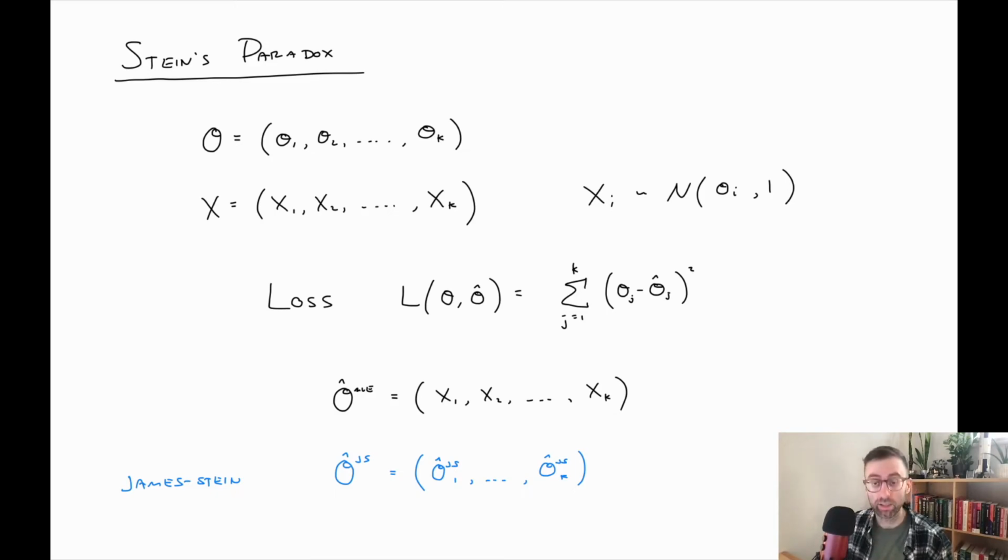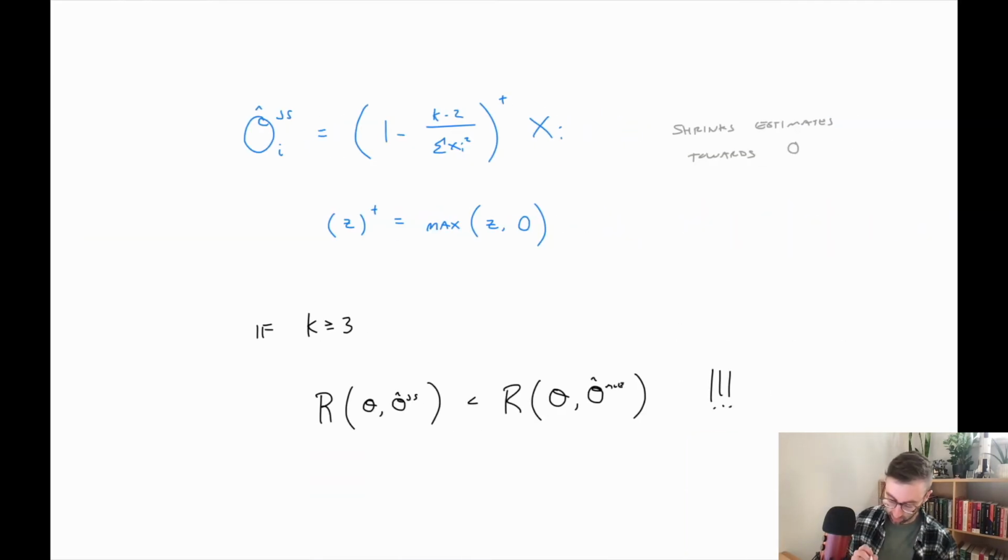So what is the James-Stein estimator? To estimate each of the individual thetas, it takes the xi that was sampled from that normal distribution with that theta, but then it does this other thing here. This is borrowing information from all the other values, regardless of whether or not they came from that value of theta.